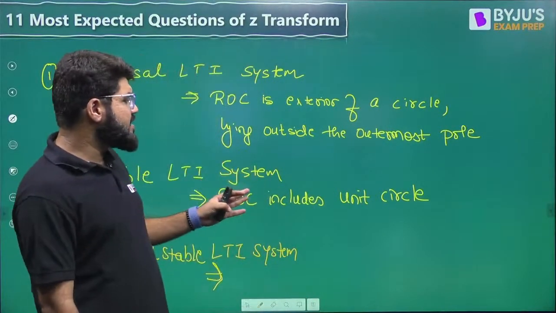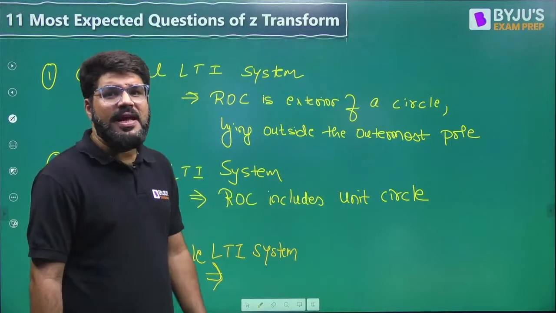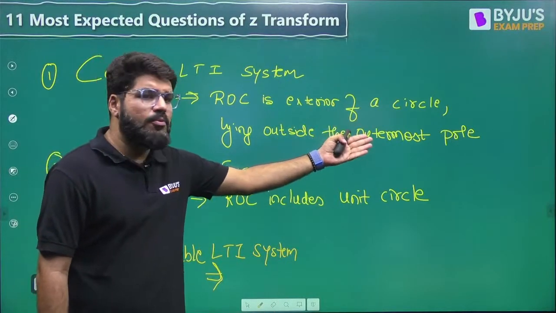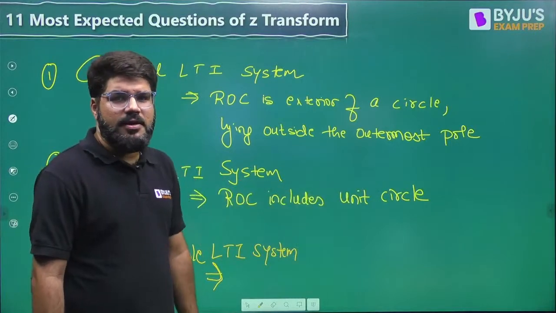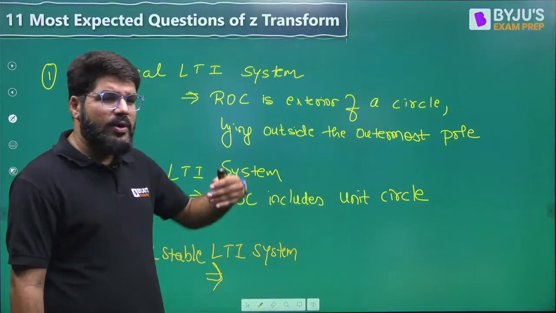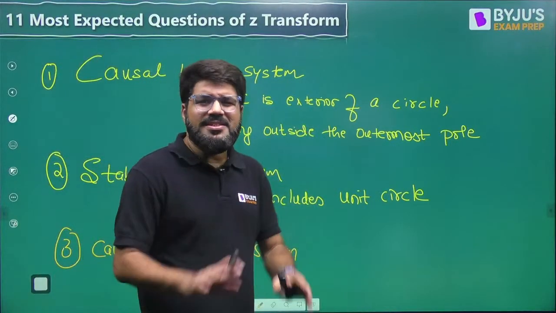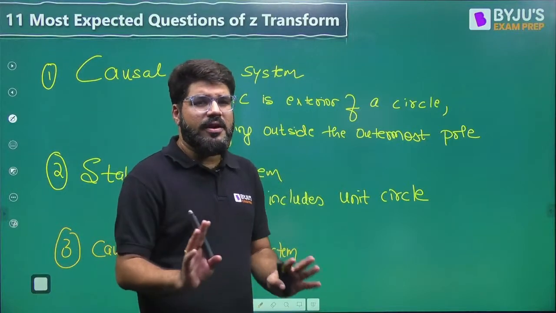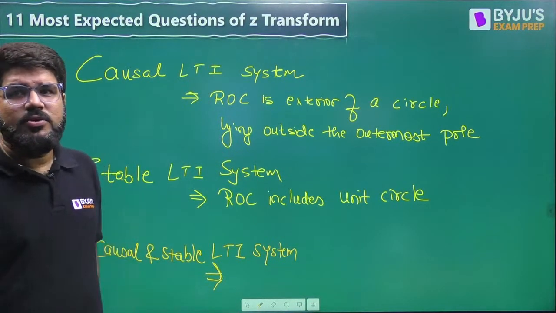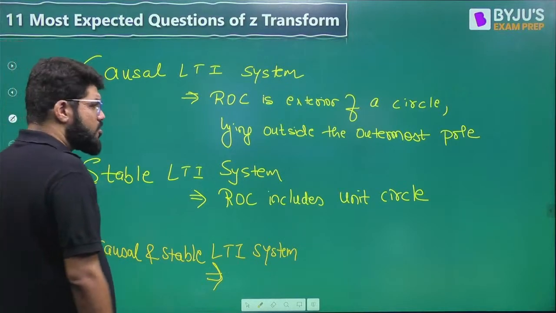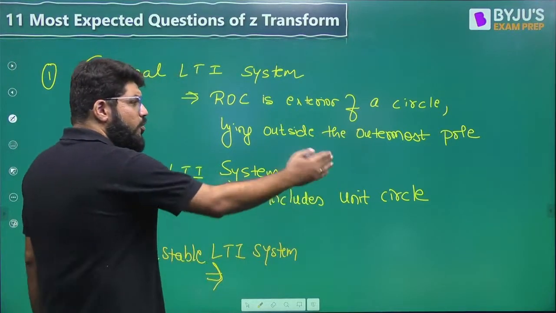and stability says that it should also include the unit circle. That means the largest pole, the outermost pole, should be before the unit circle. Then only the unit circle will be included, as you are going outside the outermost pole. I'm just explaining orally; derivation is not required here. So the outermost pole should be before the unit circle.